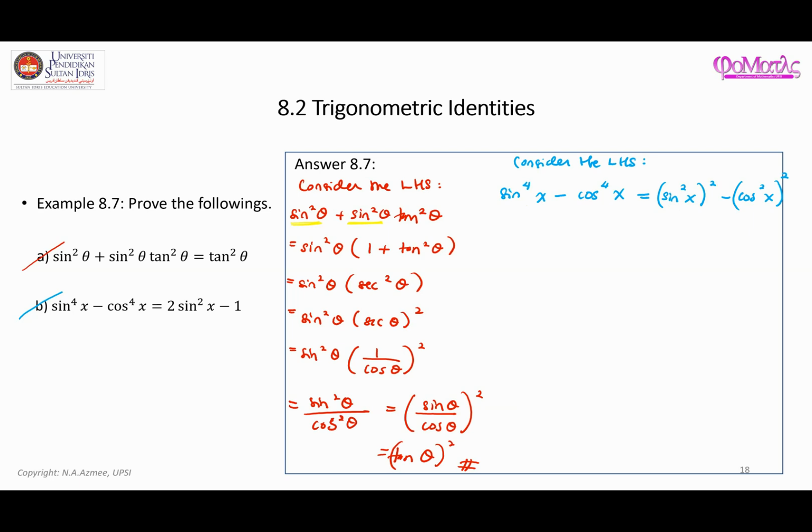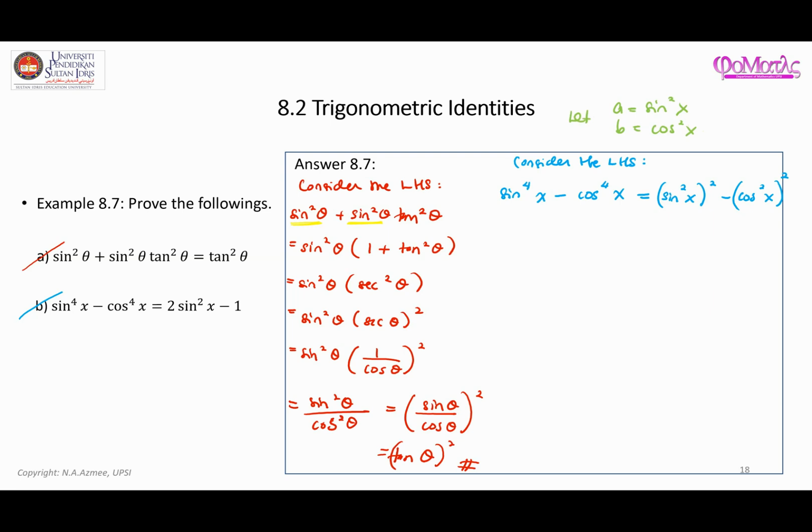Now if I look at this, I can represent it as a. So a is equal to sine squared x, just so that you can see a simple form of it. And cos squared x is b.